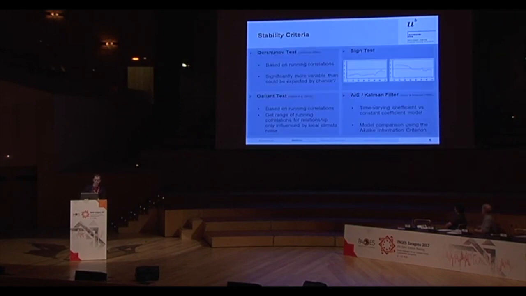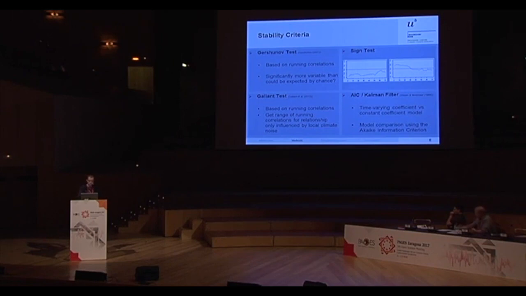Talking about stability criteria, this is an overview of the different methods we used. One is the Gershunov test based on running correlations, and it tells you whether the running correlations are significantly more or less variable than could be expected by chance. The sign test simply checks if the running correlations cross the zero line or not.